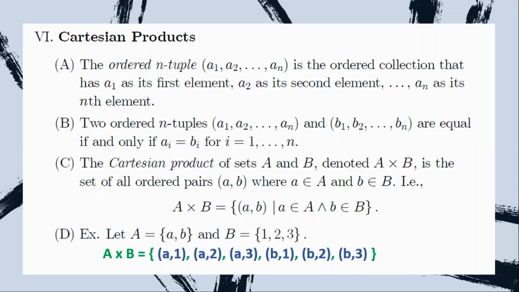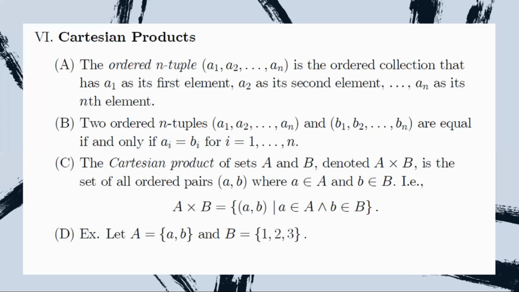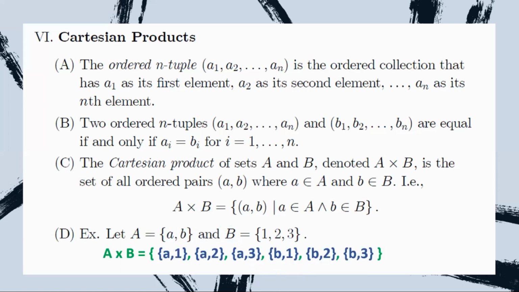Notice each ordered pair is now in parentheses, and it's always an element of A in the first position and an element of B in the second position.